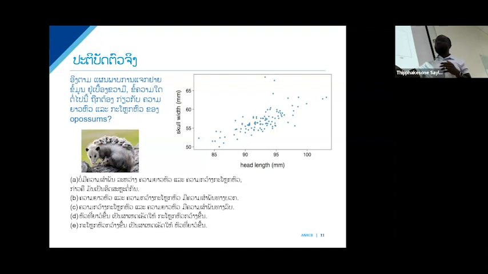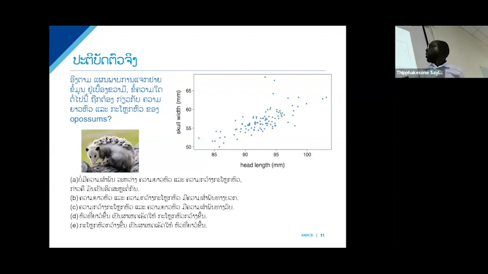How would you characterize the association between these two variables, the length and width? What's happening? What's the general trend in this data? You have a positive association. When one goes up, the other one also tends to go up.